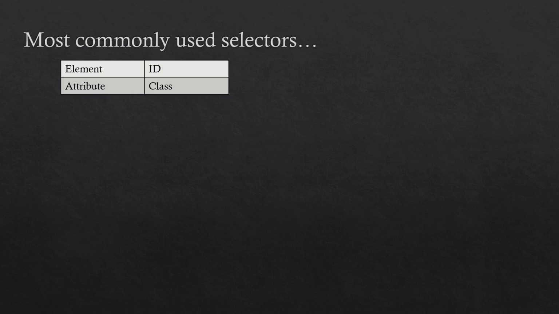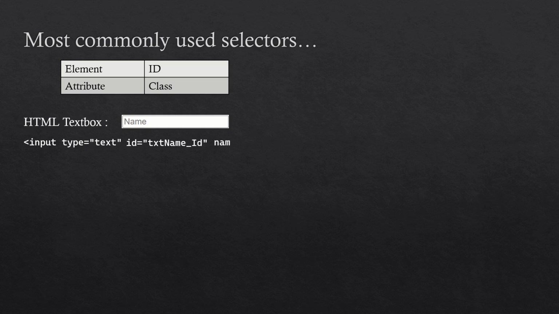These are element, ID, attribute and class. This is an HTML text box that contains all the 4 attributes with their values. Let's find out how to write jQuery code using these attributes as a selector.